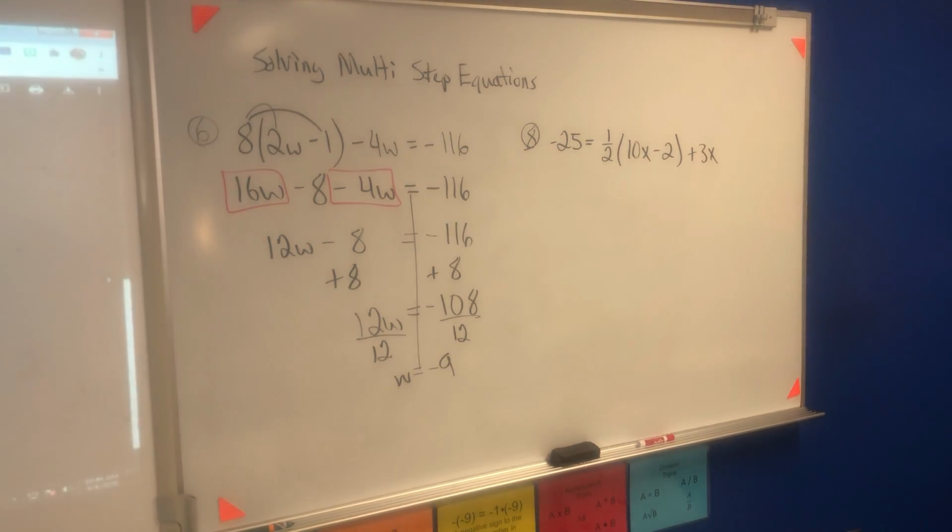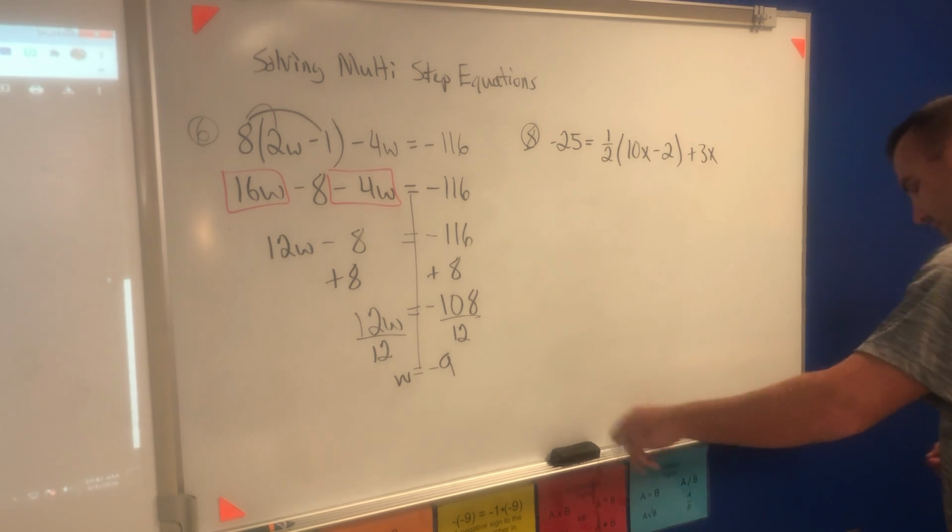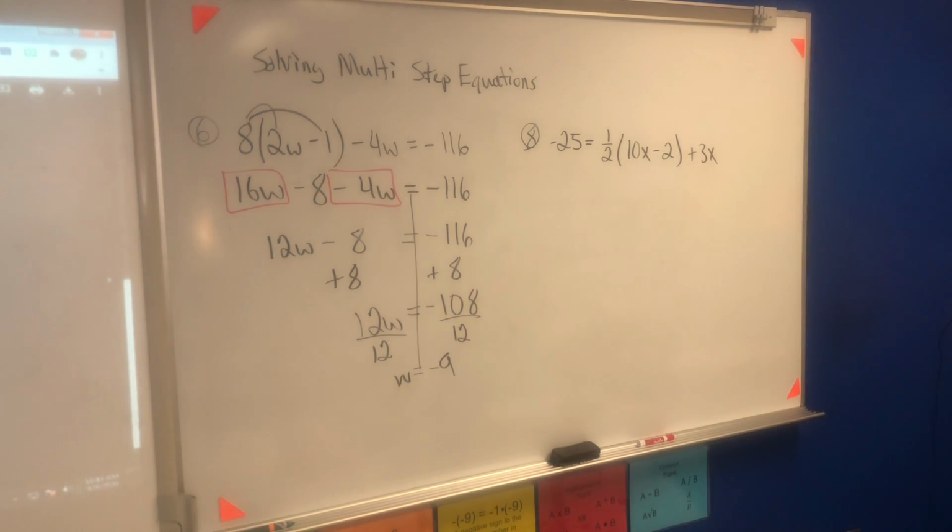Number 8, negative 25 equals 1/2, parentheses 10x minus 2, plus 3x, okay? You're going to have some that have fractions, okay? Go ahead and multiply those out. On the calculator, if you don't know how to type in a fraction, you put parentheses.